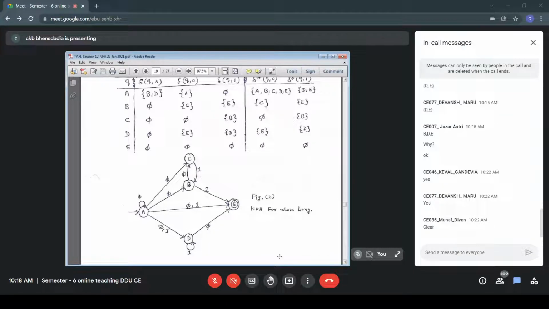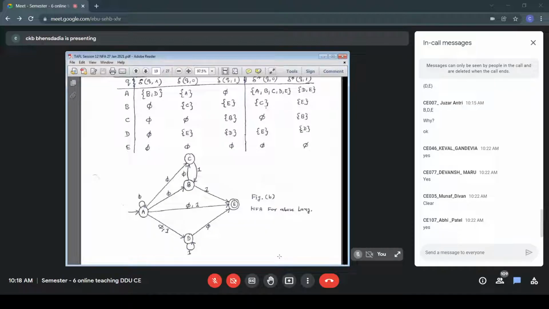So Keval, Devansh, Munaf, Abhi: if these people are taking a LOR from me and they write that they were participating in the class, that's fine. Remaining students, please don't overclaim. If you're not participating, it's your call, it doesn't matter to us. But don't make us tell a lie. Don't show that you are so actively participating when other students would not have understood.